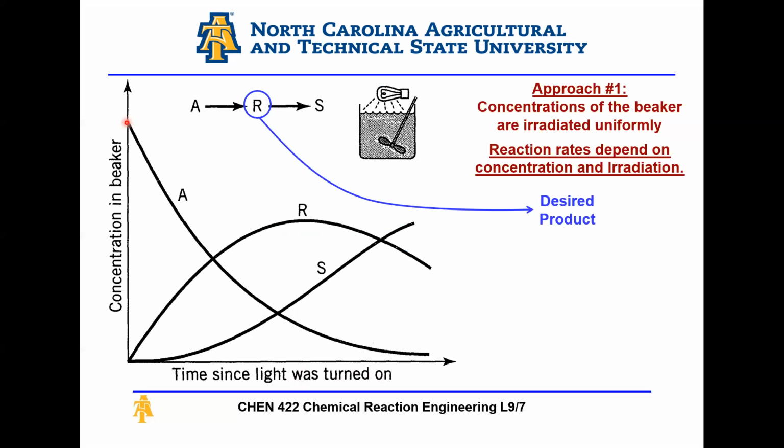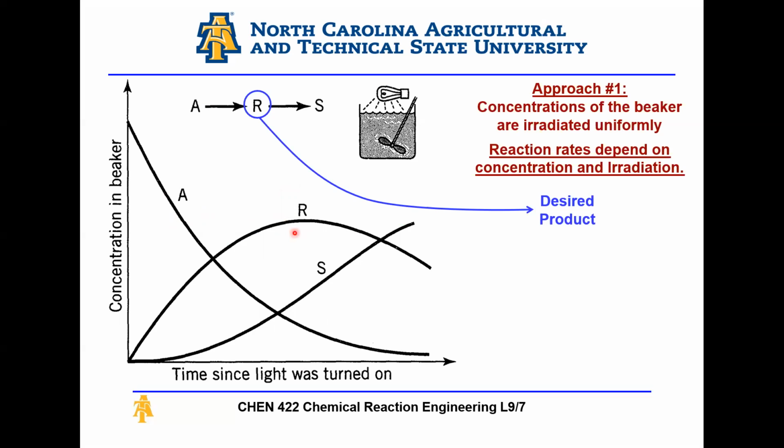Initially, time equals 0, I only have A and the light is turned on. Because it's a photoreaction, A starts decreasing and R starts increasing. So in this part, A is being converted to R, and I have some S as well, but not as much because the amount of R available is still not very high. Eventually, the amount of R reaches a maximum, and at this point I have enough R to compete with A for the light.